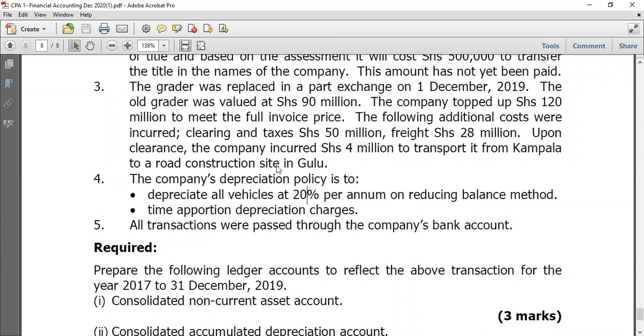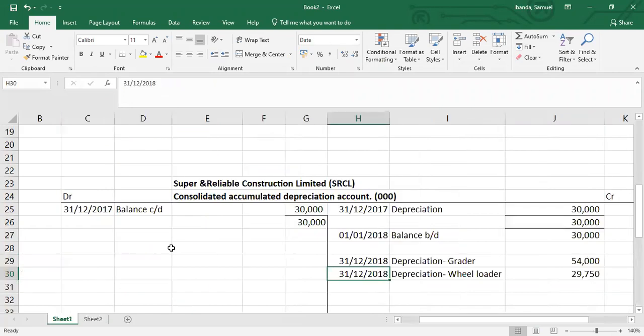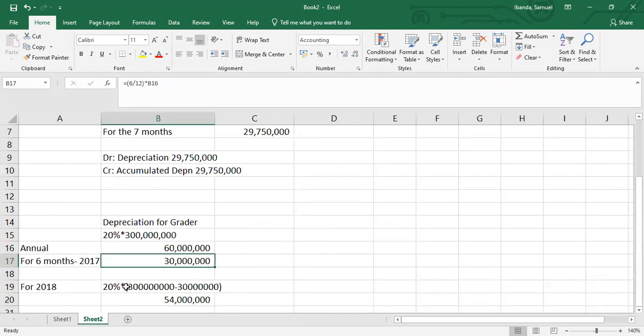So at the end of 2018, the carrying amount for the grader, just repeating for somebody who just asked this, will be 20% times the cost minus the accumulated depreciation. Now, at the end of 2017, the accumulated depreciation, even when you look at the accumulated depreciation account, stood at 30 million. So that is why when we came here, we got 300 million, reduced the 30 million to get the net book value, which we multiplied by 20% to come to the 54 million.